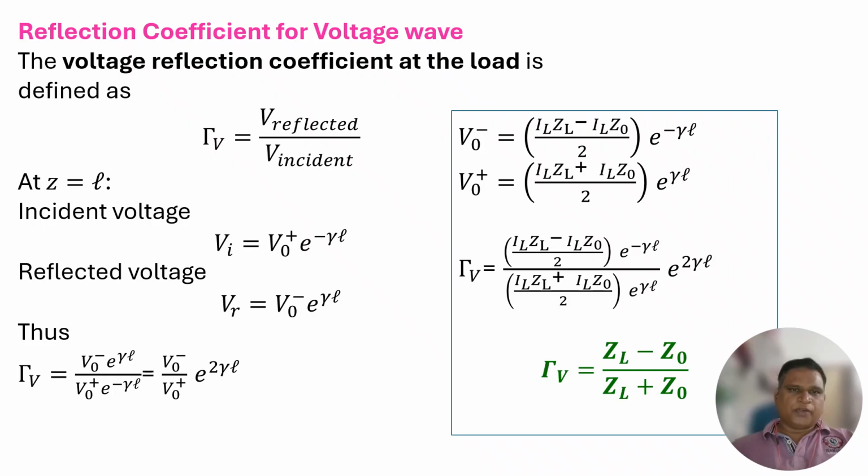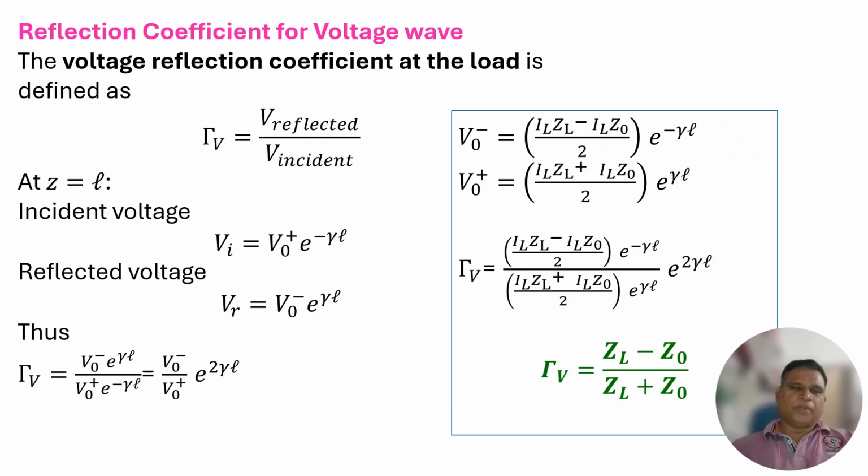Now the voltage reflection coefficient is defined as rho v is equal to V reflected divided by V incident. This is the voltage reflection coefficient. At z is equal to L, the incident wave and the reflected wave are given by these equations.